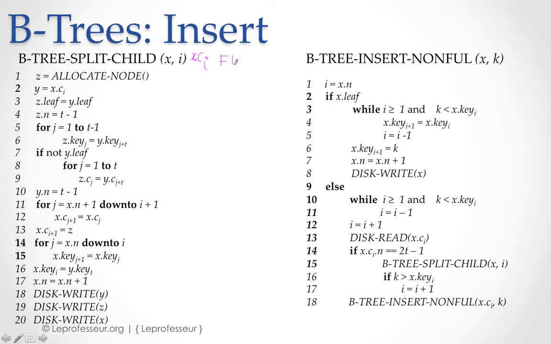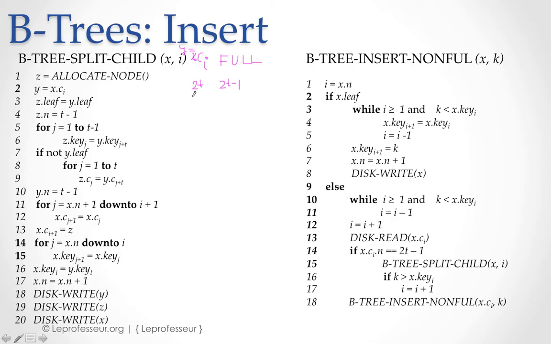So the child y equals x.c_i is full. Originally it will have 2t children and 2t minus 1 keys, but after splitting it will reduce to t children and t minus 1 keys.